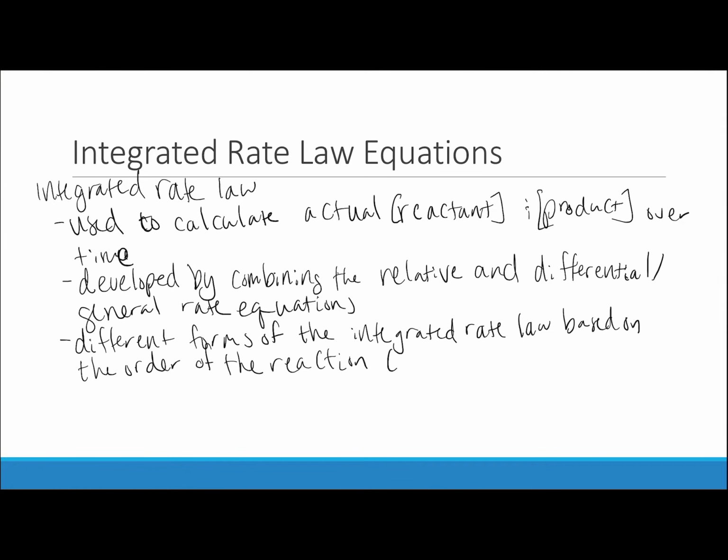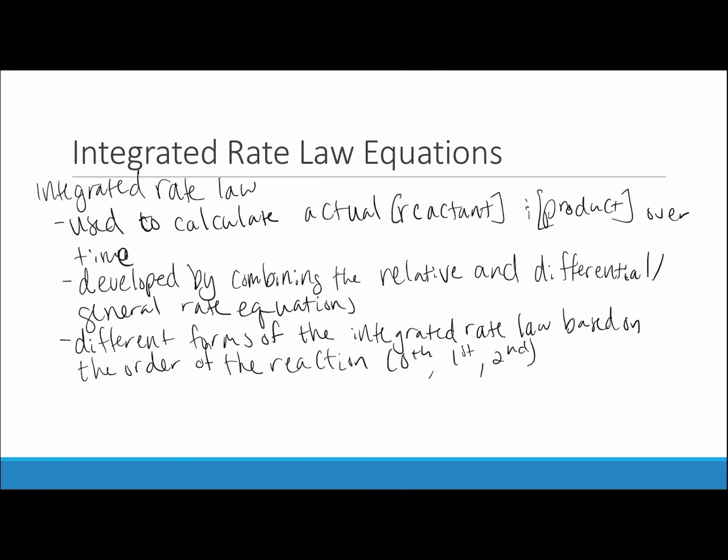With each of these, we're only going to look up to the second order, but of course, if there's a third order, we would have a different integrated rate law based on that. But they get pretty messy if we get beyond second order.